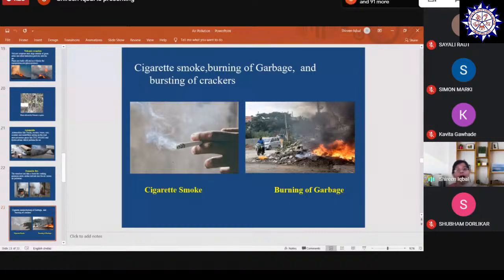Similarly, when the garbage, it is burnt. Here you can see in the picture the garbage, it is burnt, isn't it? So, no doubt, this garbage, it contains many germs in it.